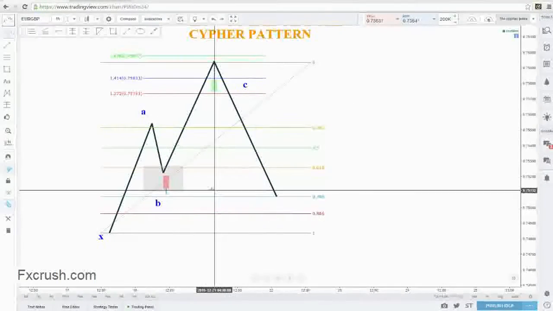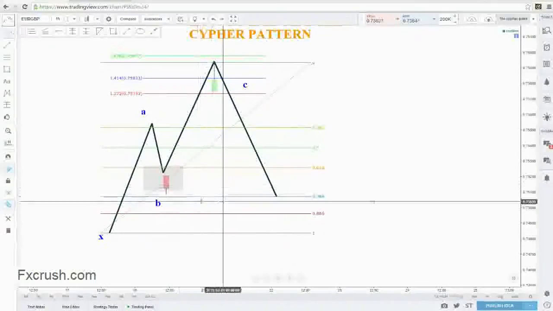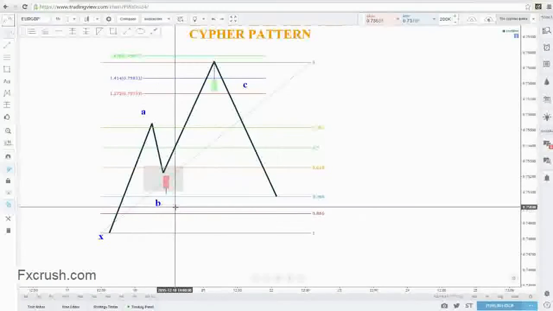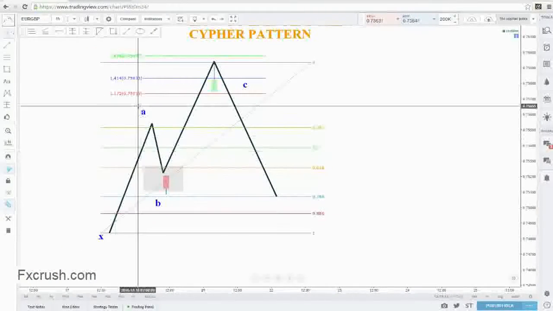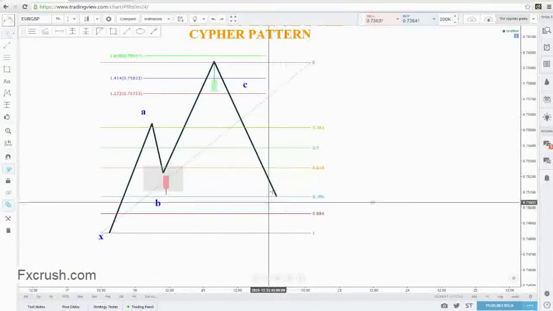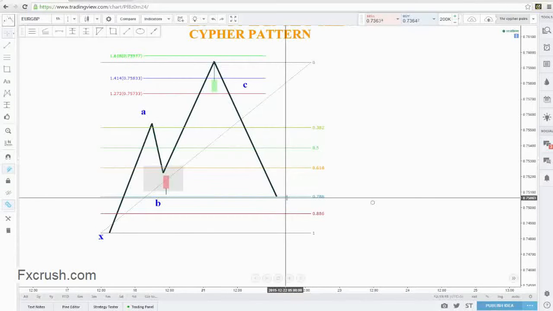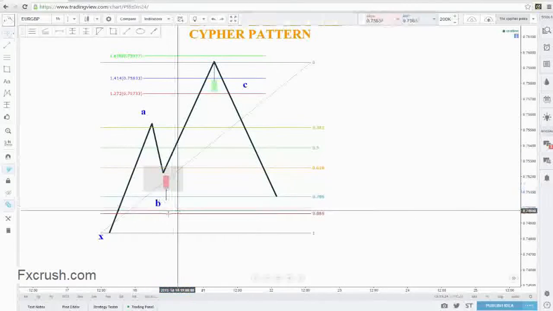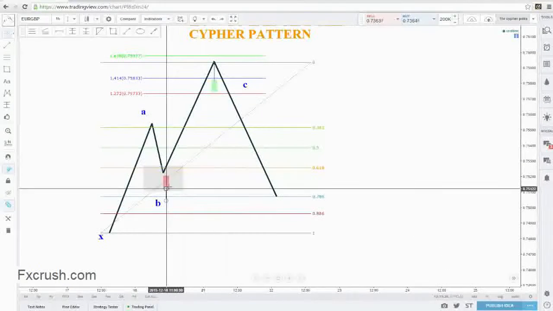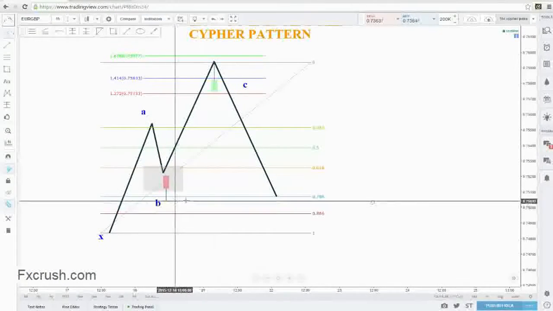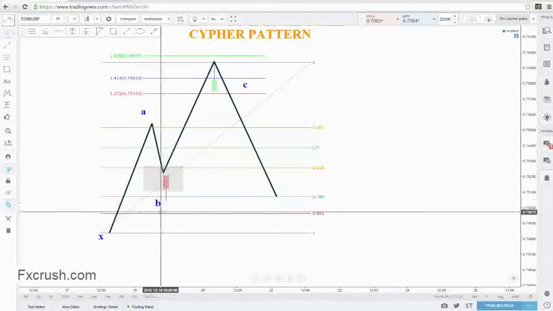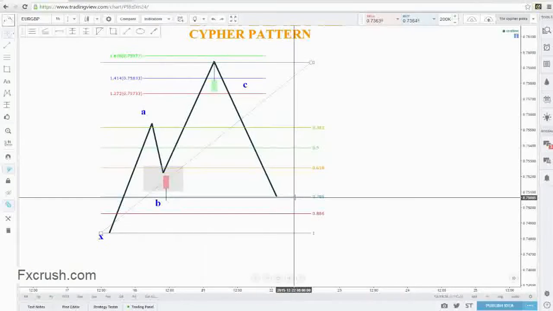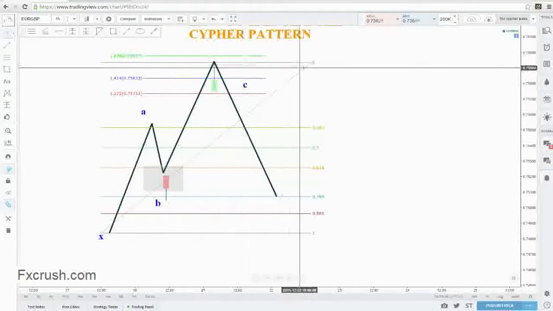Now there is one more rule to the cipher pattern that I don't hear mentioned as much as it should be, and that is that the B leg, once you pull from X all the way up to C to get your D, the finishing point of this cipher pattern, cannot touch the 786. So if this candle was our B point of the cipher pattern, then that would invalidate the cipher pattern, because B comes below the 786 retracement.